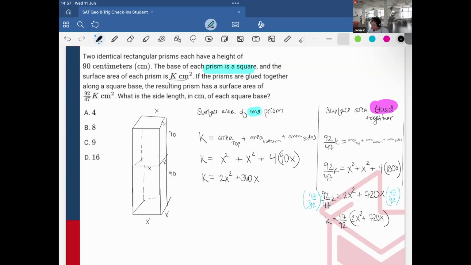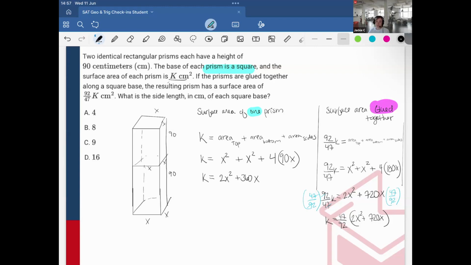So I could solve this algebraically, but this would be a good place to use my Desmos calculator, just because I don't really want to solve it out and do all those calculations. I want to save time.